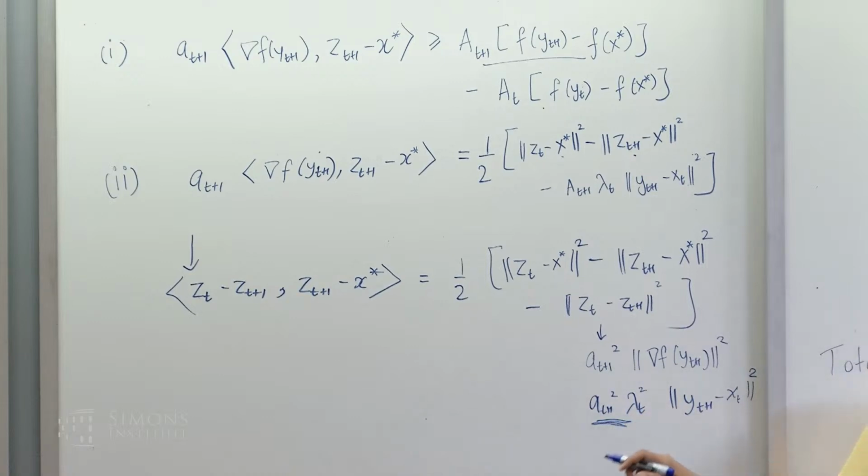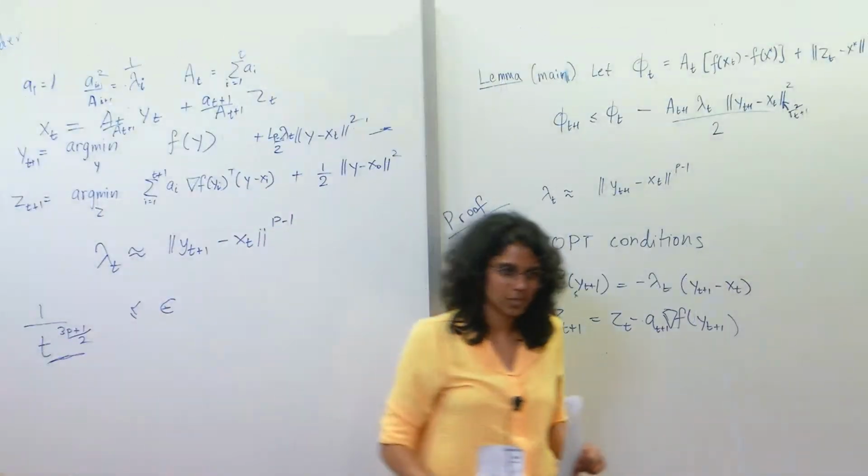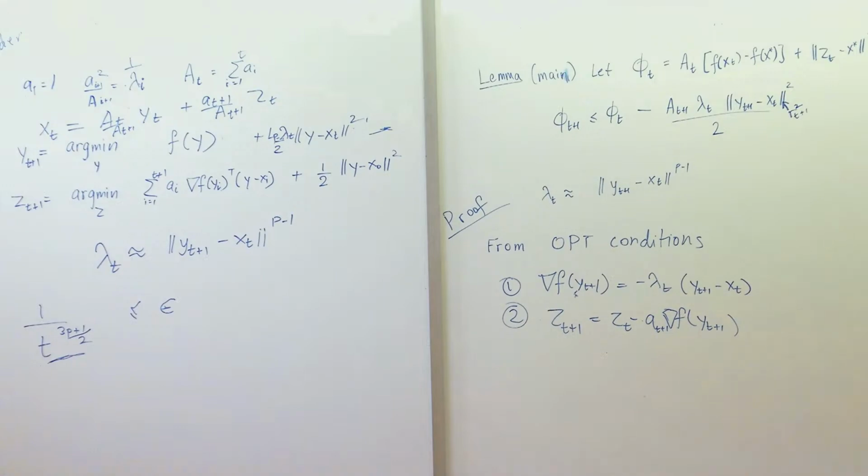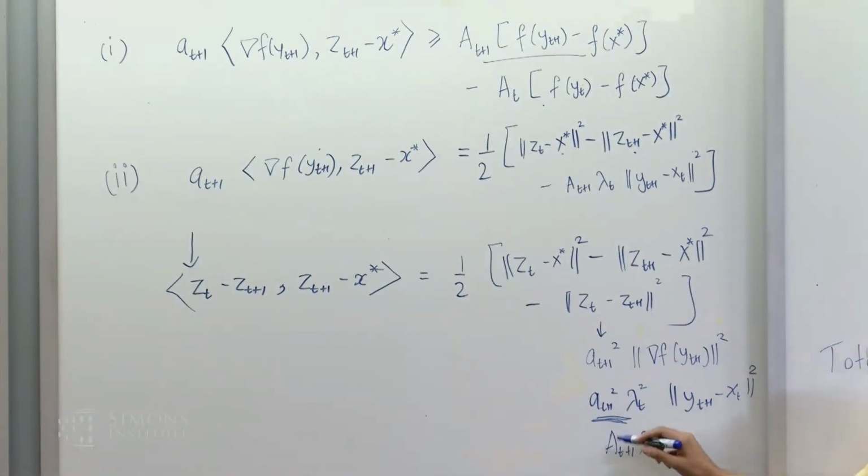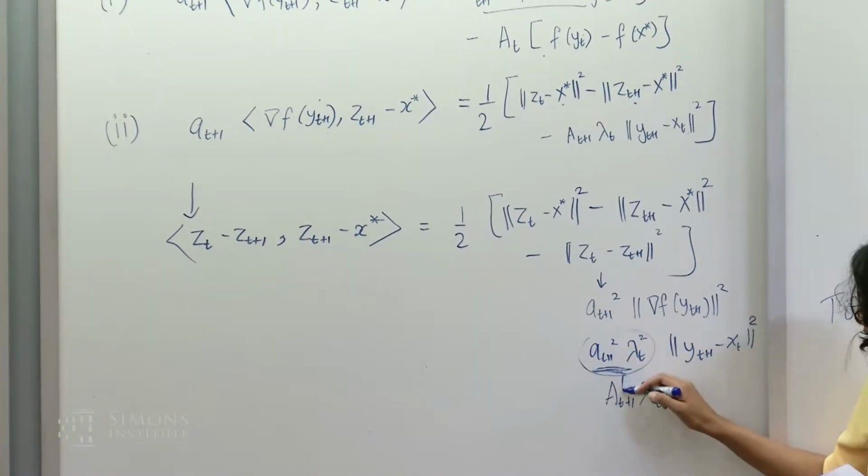And from the way we choose these coefficients, which was here, sorry, so many typos, from that this just becomes A_{t+1}. This constant changes to this.